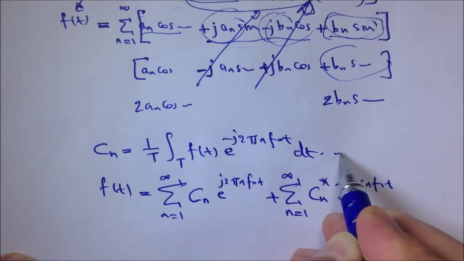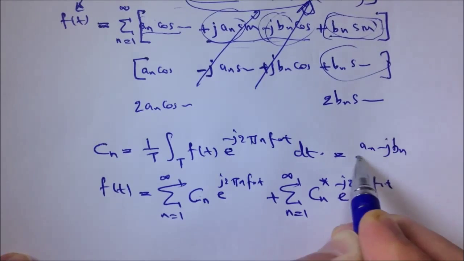Keep in mind that this equals a sub n minus j b sub n divided by 2.